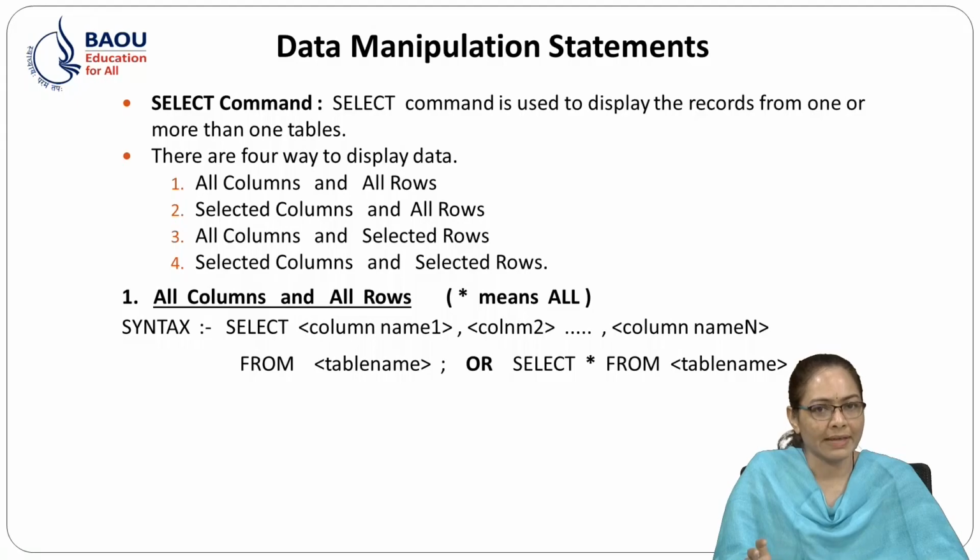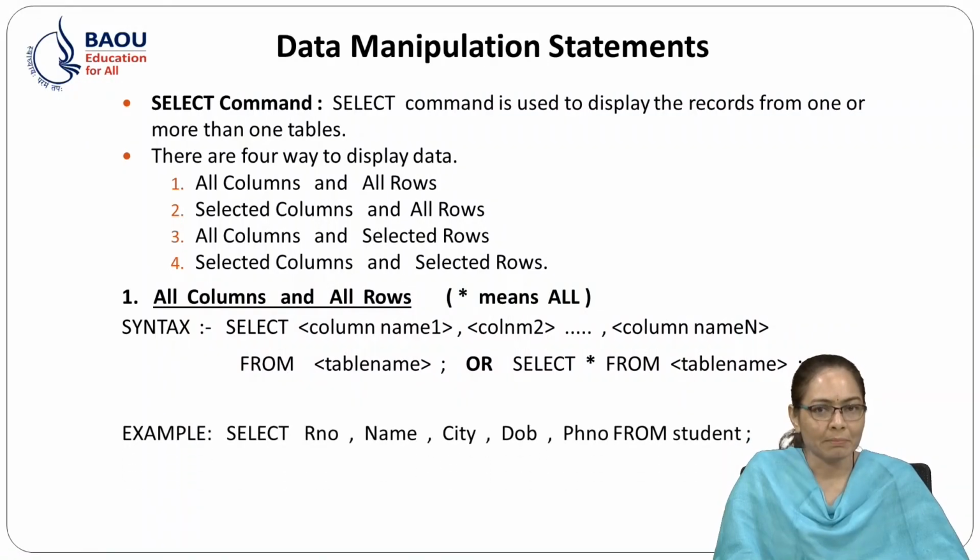Or the next way is select star. Star means all the columns. If we do not want to write all the column names separated by commas, then we use the star. So select star from table name. Or we also use all in place of the star.